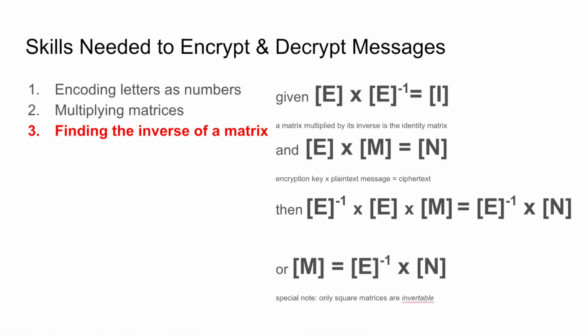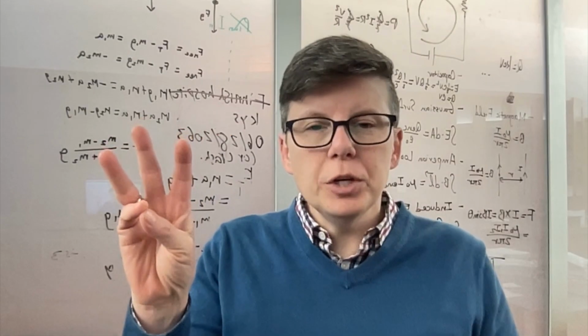Simplifying, that means the plain text message matrix is equal to the inverse of the encryption key times the ciphertext message. You have now 3 new skills.